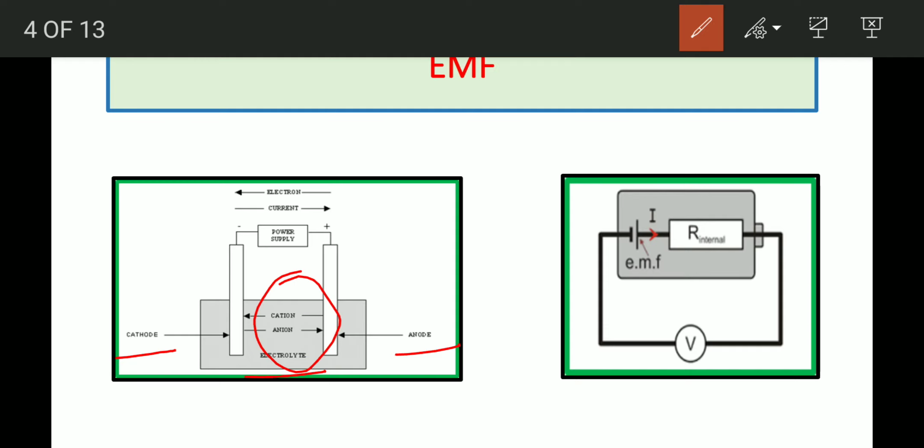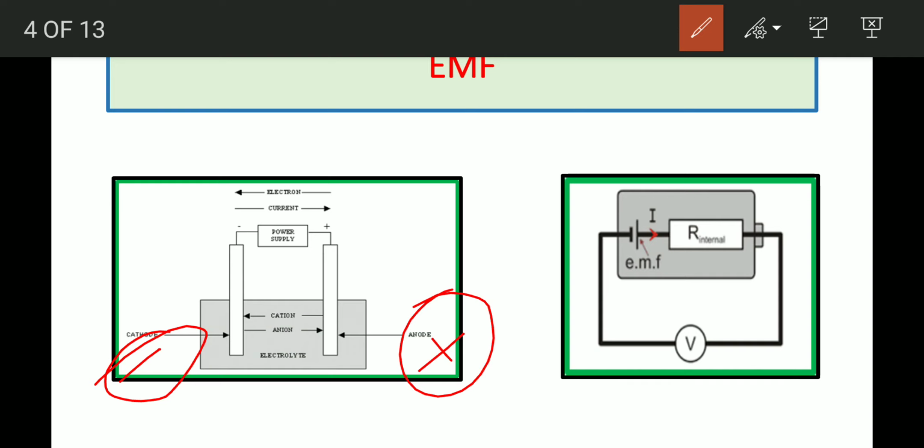These ions move towards the electrodes, because of which a difference in the number of electrons arises between the two electrodes of the cell. Cathode becomes more negatively charged while anode becomes more positively charged. This difference in the electric potential of the two electrodes is called EMF.